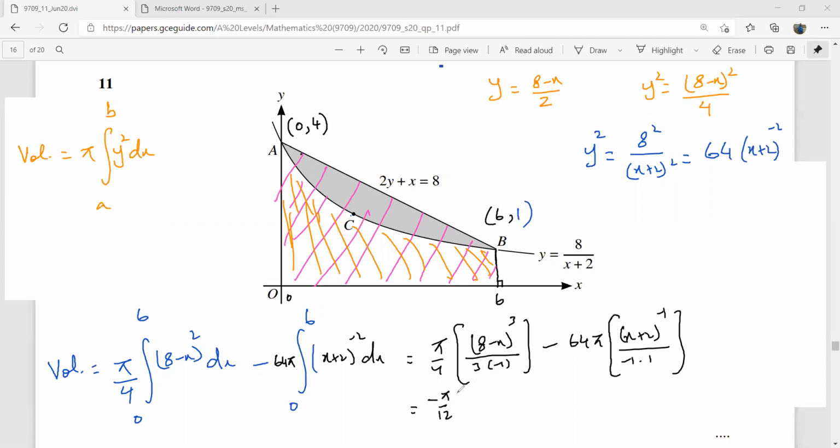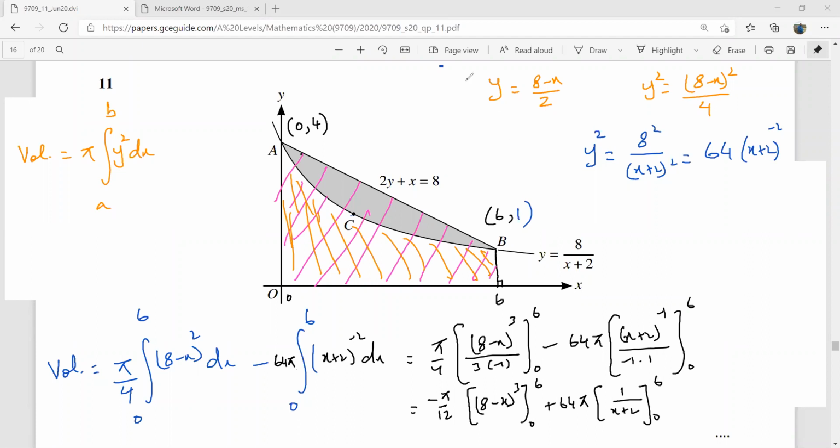I'm writing this minus 3 outside here. And I'm left with 8 minus x whole cube, with limit from 0 to 6. And I'm bringing this minus out here. This will become plus 64 pi, and this is 1 over x plus 2, limit from 0 to 6.